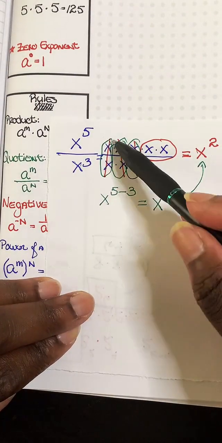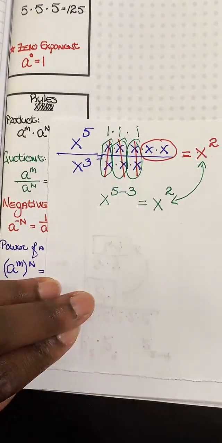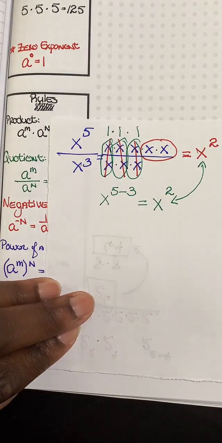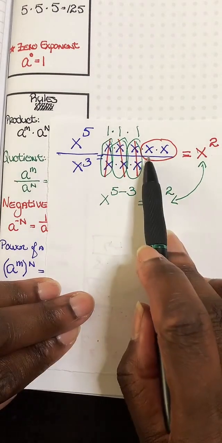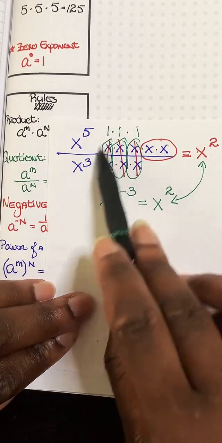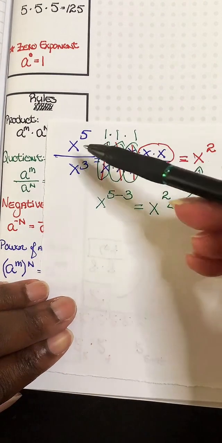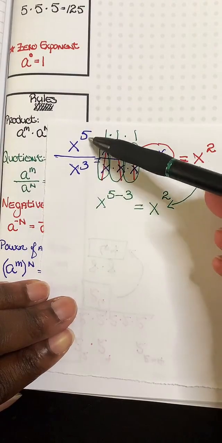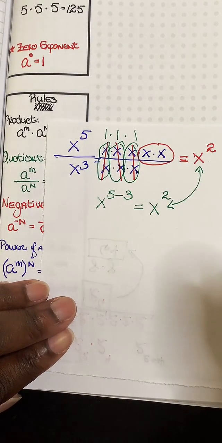So since they basically give me ones, so 1 times 1 times 1, 1 times itself, no matter how many times you do it, is always going to give me 1. So now, knowing that what you're doing is making smaller, that's how you know you're going to be subtracting. When you divide, you're making things smaller. You have to do subtraction with your exponents.